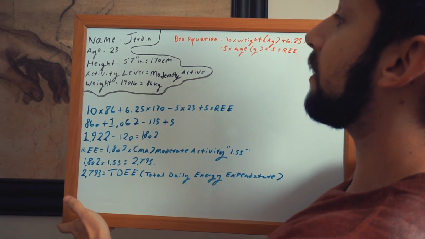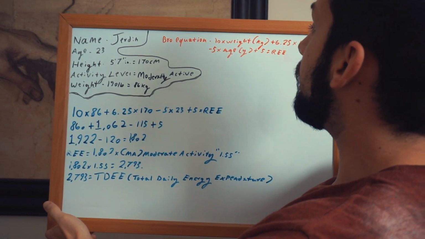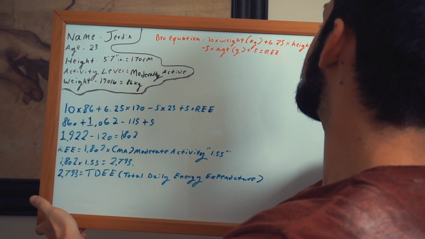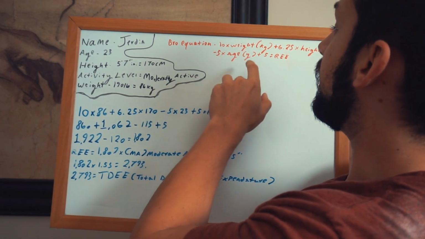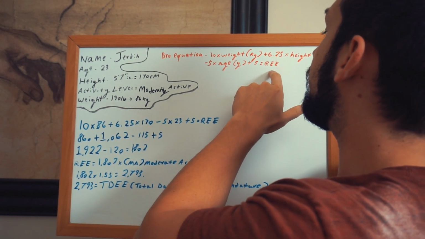Let me say that one more time because a lot of people get confused: 10 times weight in kilograms plus 6.25 times height in centimeters minus 5 times age in years plus 5 equals your resting energy expenditure level.